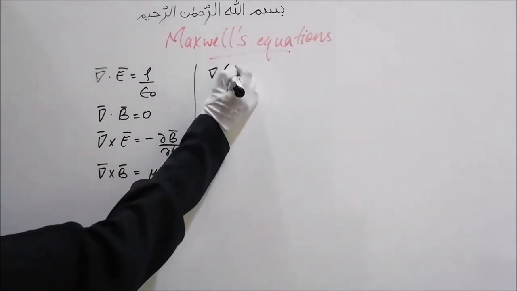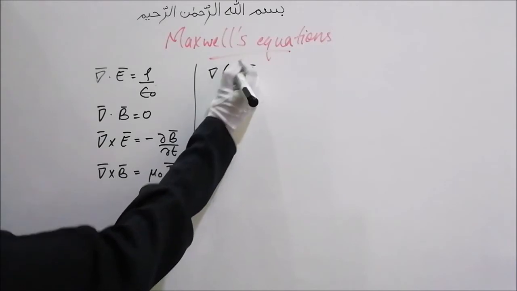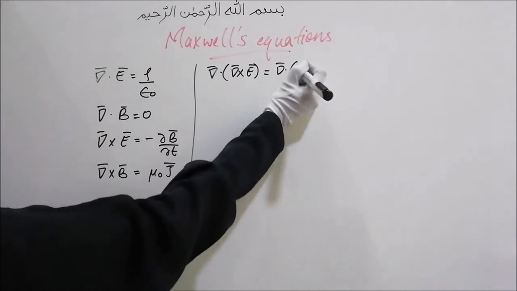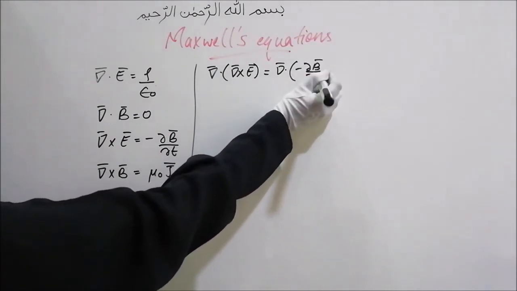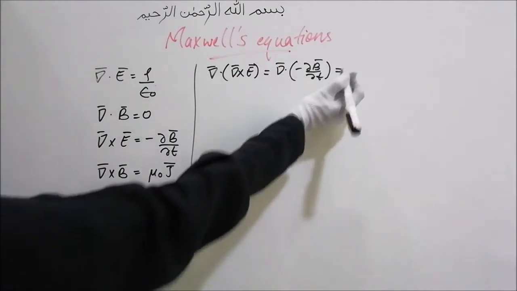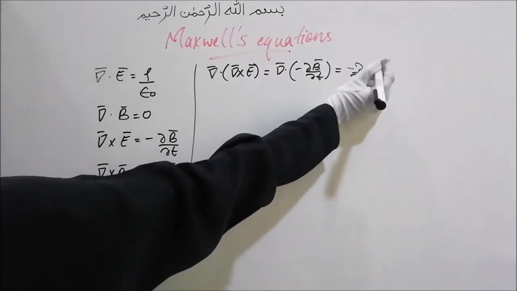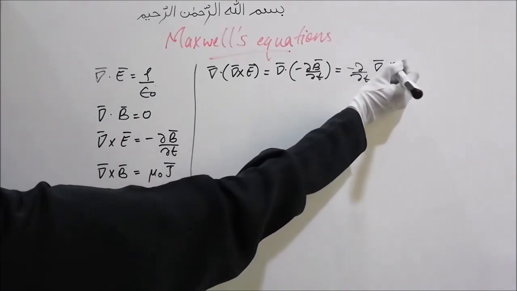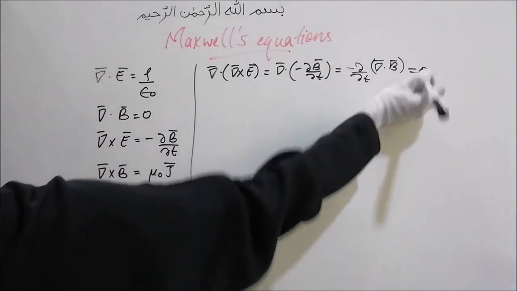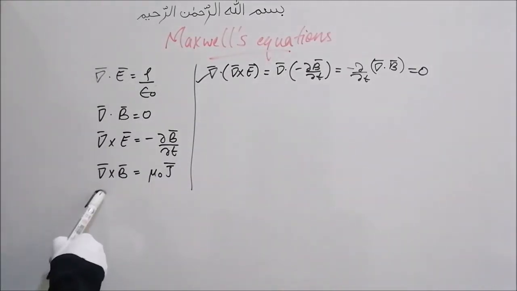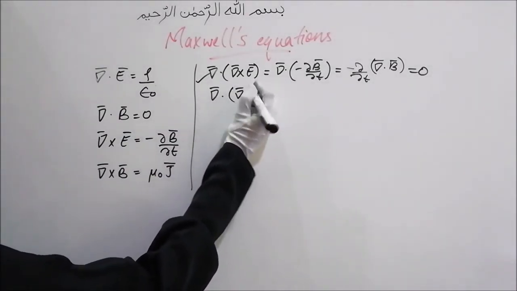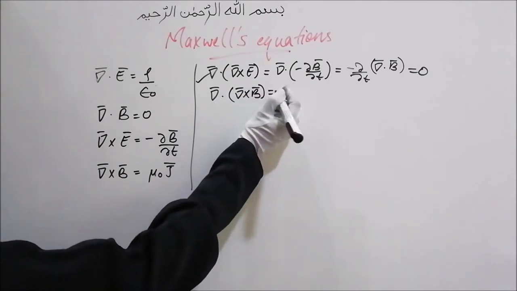So the divergence of del bar cross E bar is nothing but del bar dot minus del B bar by del T, and this is equal to minus del by del T del bar dot B bar, but del bar dot B bar is 0, so this term comes out to be 0. That is right. Similarly here also the divergence of the curl should be 0, that is del bar dot del bar cross B bar should be equal to 0.